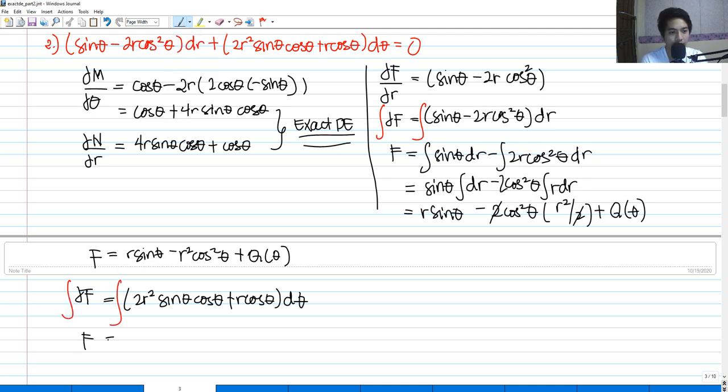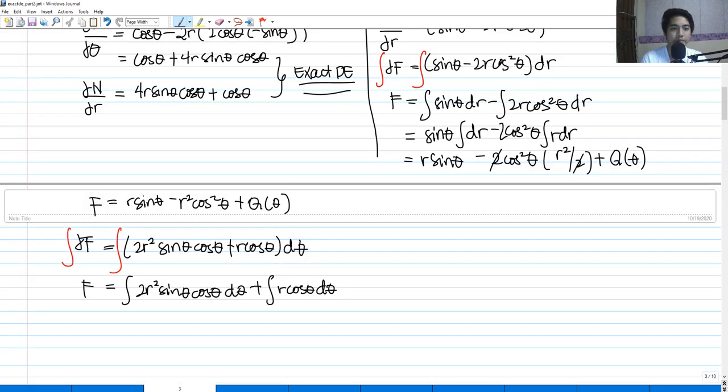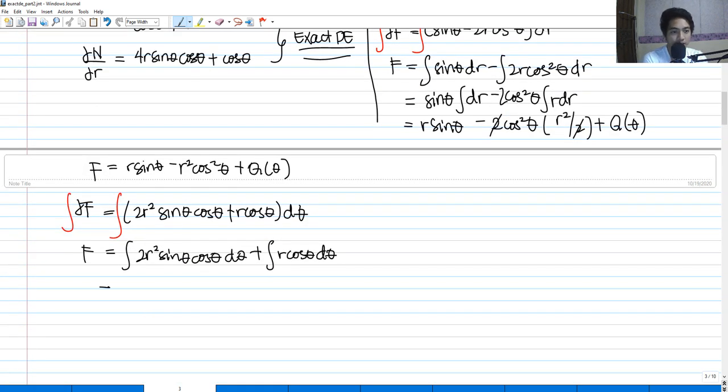We have f equals the integral of 2r squared sine theta cosine theta d theta plus the integral of r cosine theta d theta. We are integrating in terms of theta, so I can factor out r. So 2r squared sine theta cosine theta d theta plus r integral of cosine theta d theta.